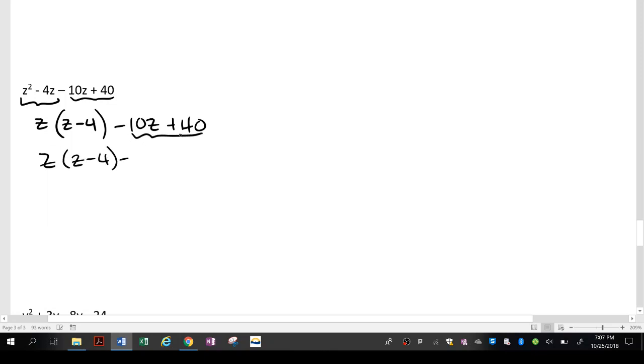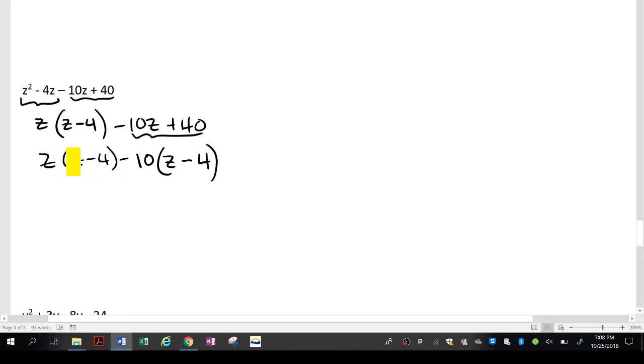These two terms have 10 in common, but here we have a negative. So if I factor this negative 10 out of these two terms, in this first term I'm left with z. In this second term, I can't have a plus 4, because if we were to distribute, it would end up being negative. So we have to change the sign here to negative 4 because we're factoring the negative 10 out of that, and that leaves us with negative 4.